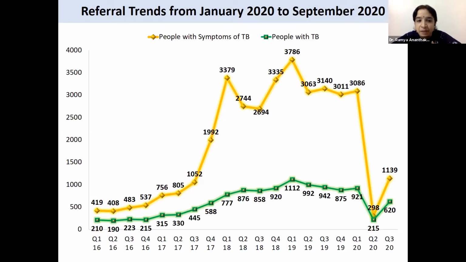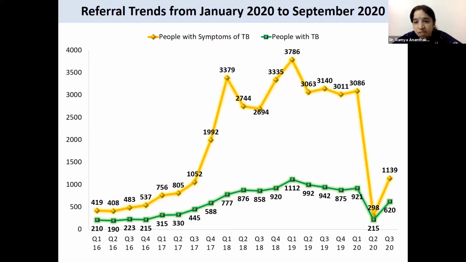As we scaled up the private sector engagement between 16 to 17, the number of referrals and the number of patients that we diagnosed steadily increased. But if you look at the Q2 of 2020, you could see a very sharp decrease. And then subsequently, there is again a slight increase in Q3.